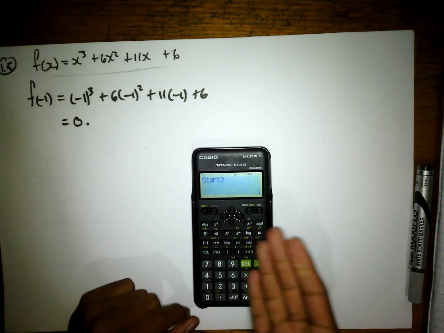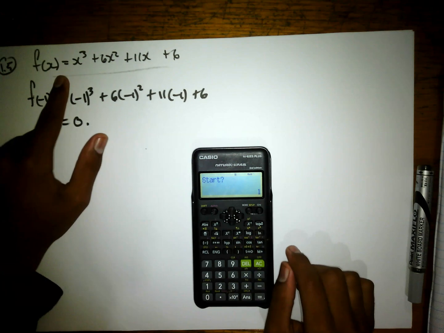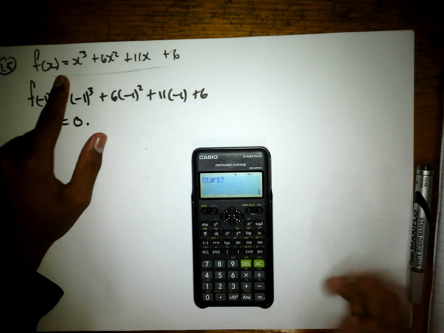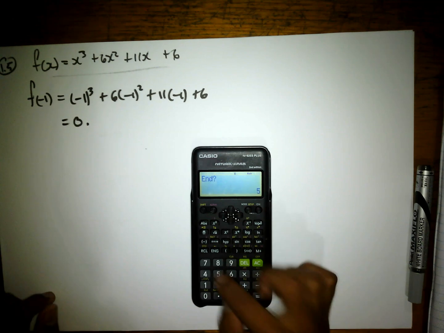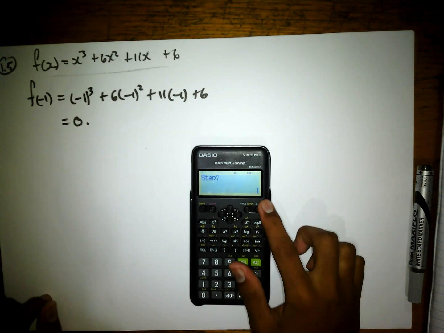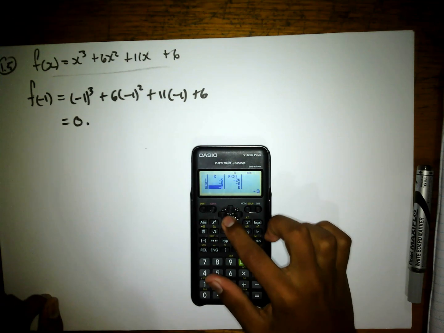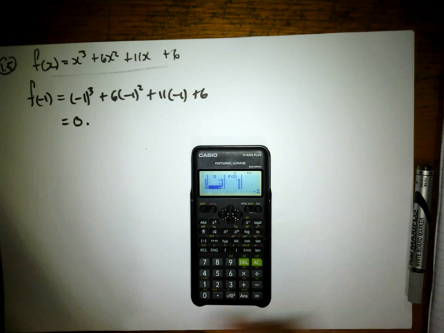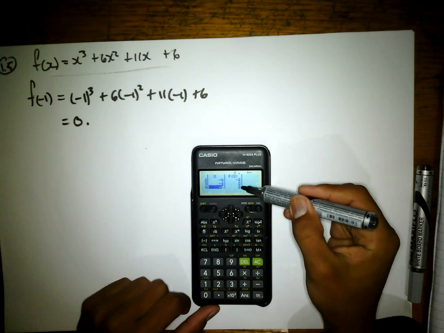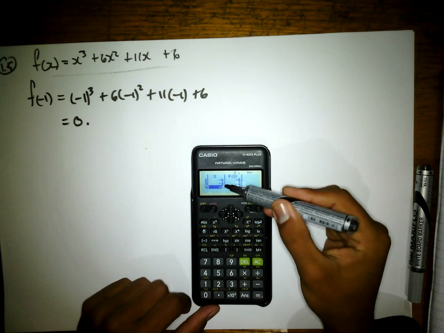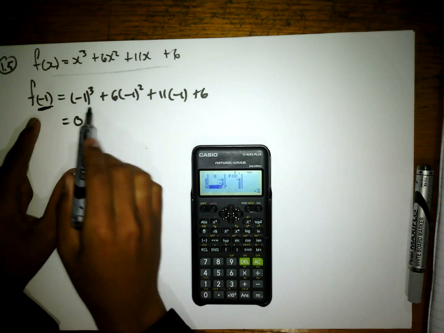The start is saying, basically this is a graph. Our graph will start at maybe -5, just for a range, to end at 5, step 1. So this is saying wherever f of x is 0, that x value is the value inputted over here.